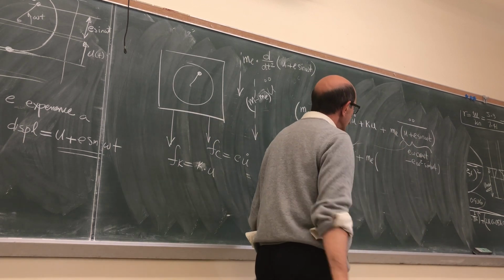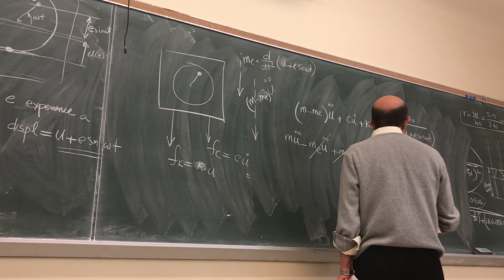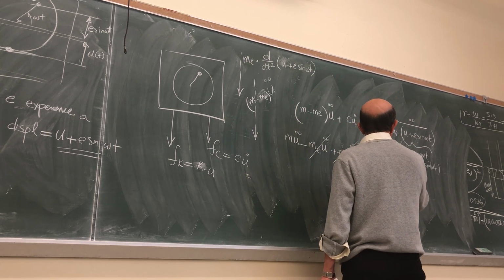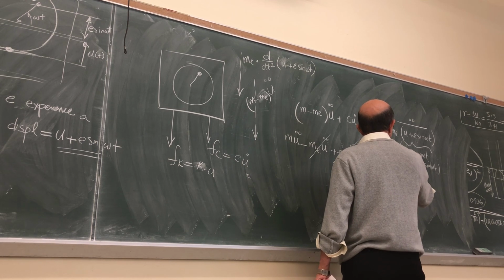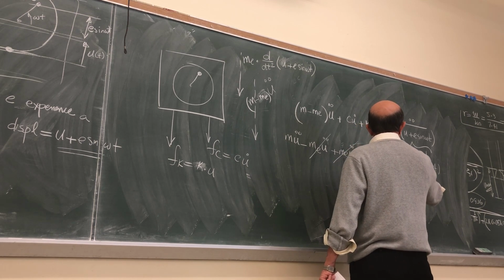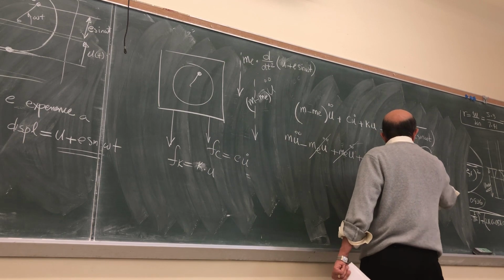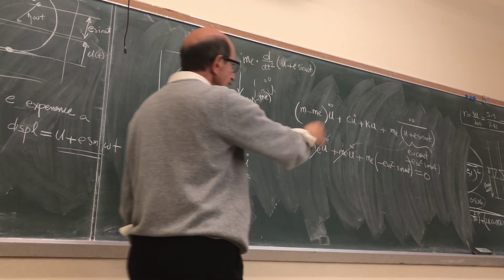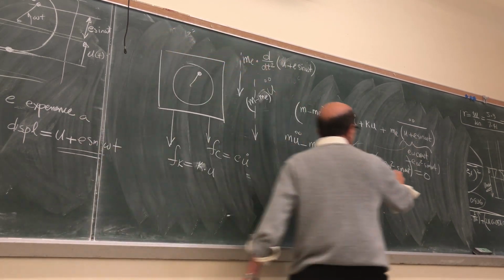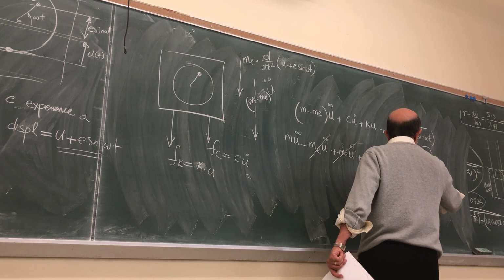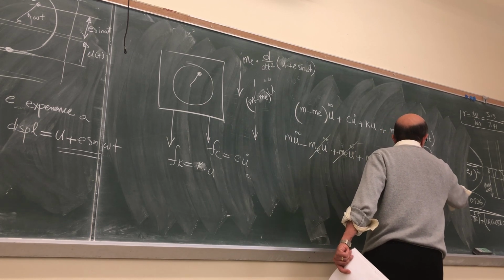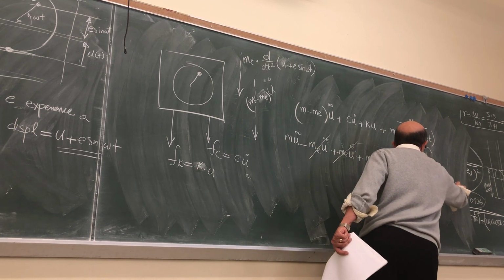So you have M_E times minus E omega squared sine omega t, plus C U dot plus K U, equal to 0.